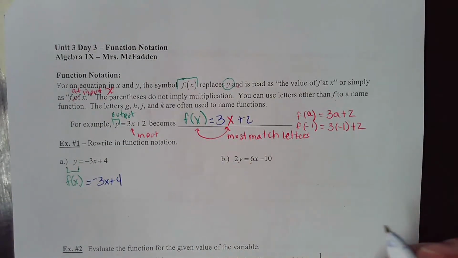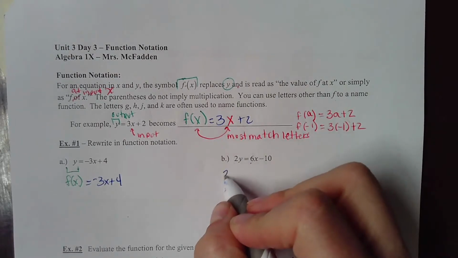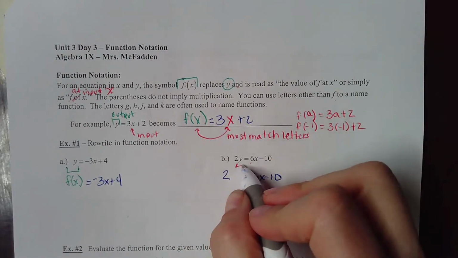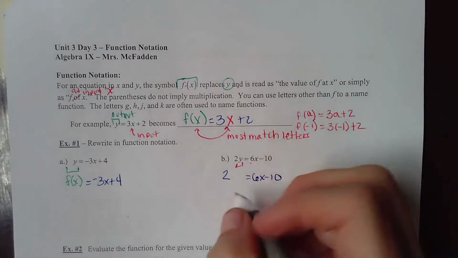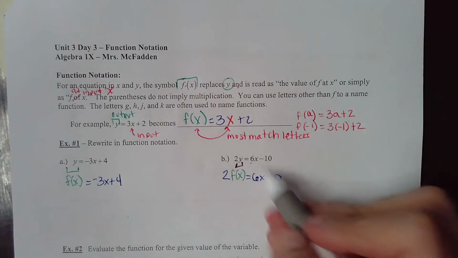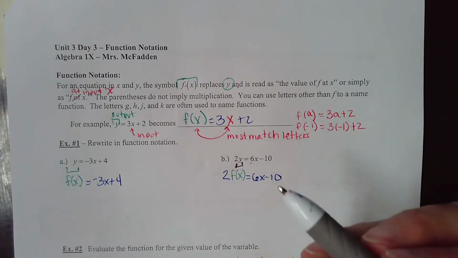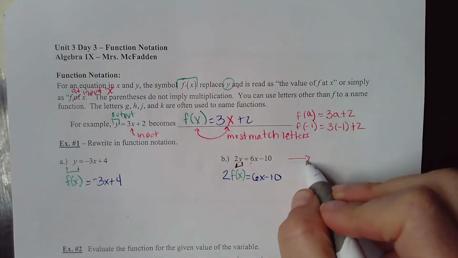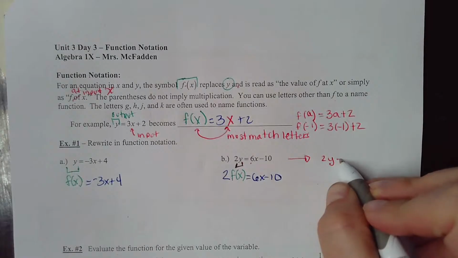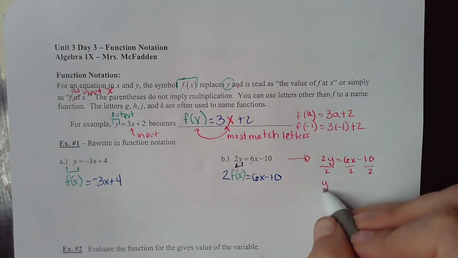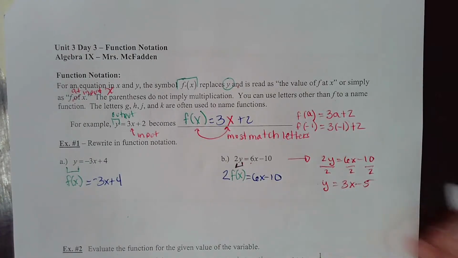This one was a little bit different. If I just swap it out, I would see 2, and instead of y right here, I would have f at x. This doesn't look very helpful to us, but it turns out we can actually do the math. If I wanted to solve for y first, I would divide every term by 2, and I get y equals 3x minus 5.